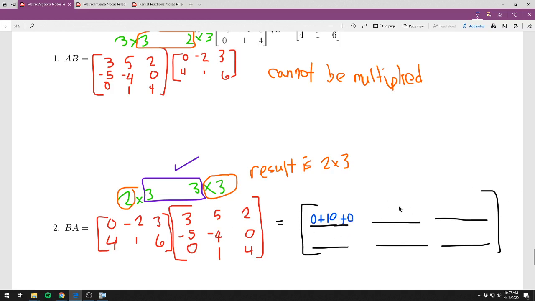Row 1, column 2, we go across row 1 as we go down column 2 now. 0 times 5 is 0. Plus -2 times -4 is 8. Plus 3 times 1 is 3.